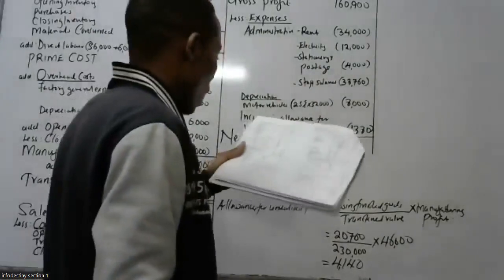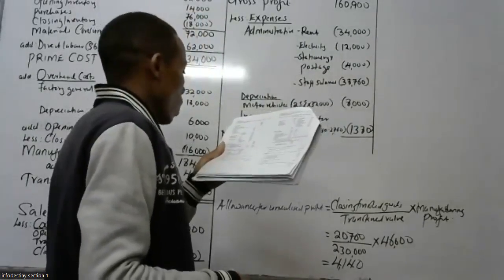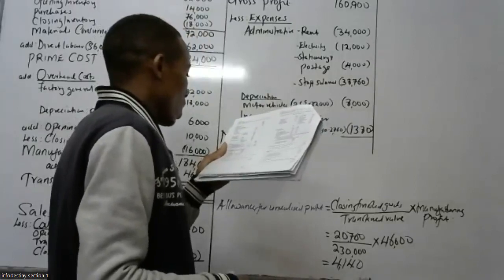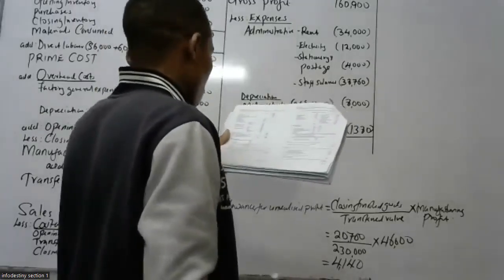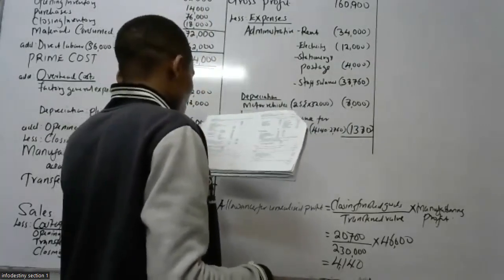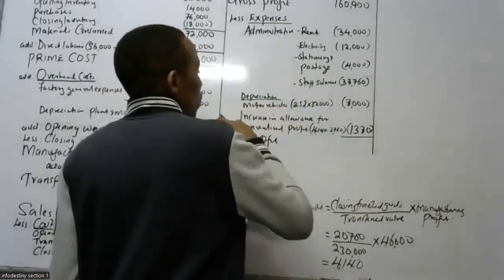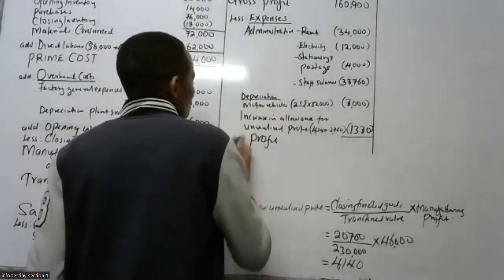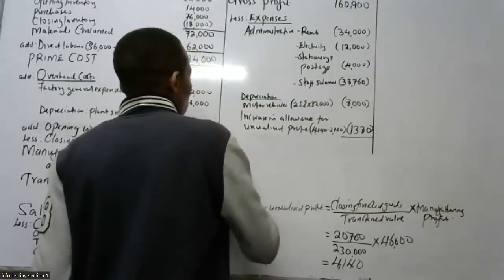There's an expense we have left. I saw it up there. Motor vehicle running expenses. Kindly include it. Sorry, I had not seen it.